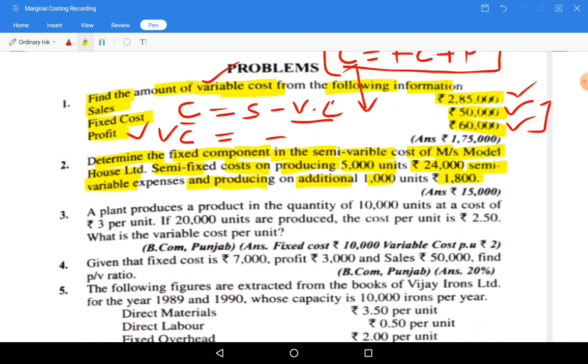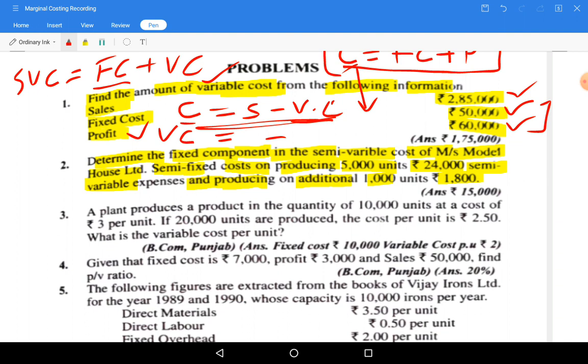So as we know, semi variable cost includes both fixed cost plus variable cost. To know fixed cost, what we need to do, as we did in the previous problem, is one thing.